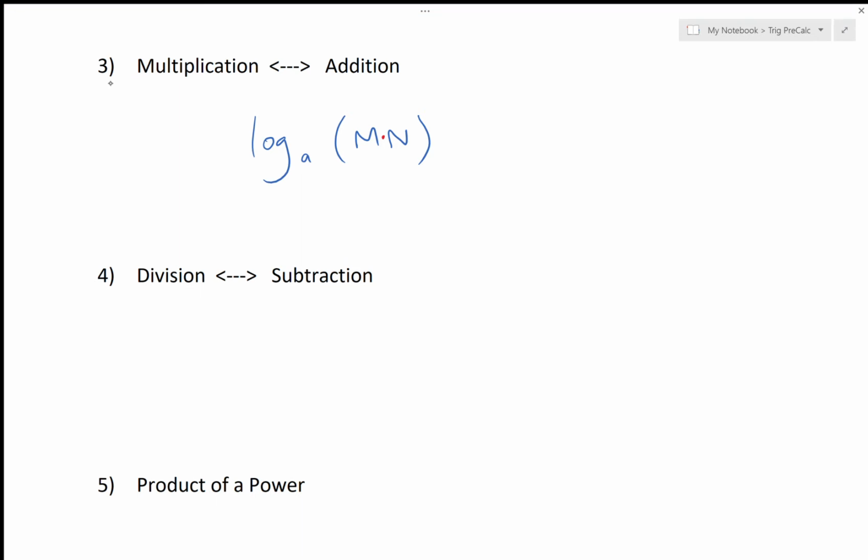This is equal to, since multiplication and addition go together, we can expand this into two logs, log base A and log base A. Both have the same base. This one's going to have the m, this one's going to have the n, so we're just splitting the m and n apart into addition.